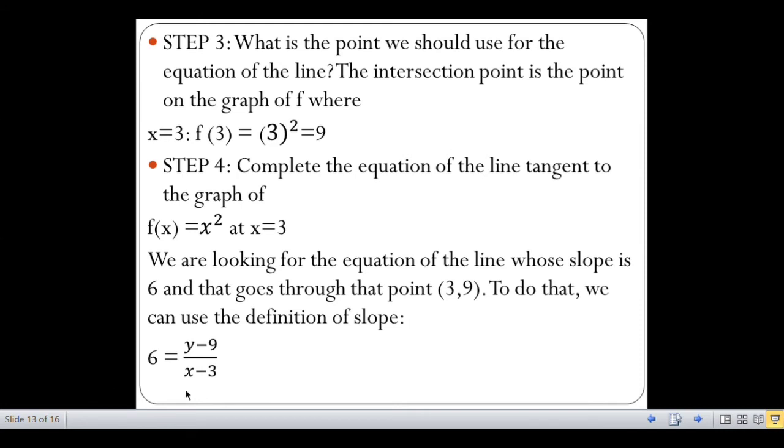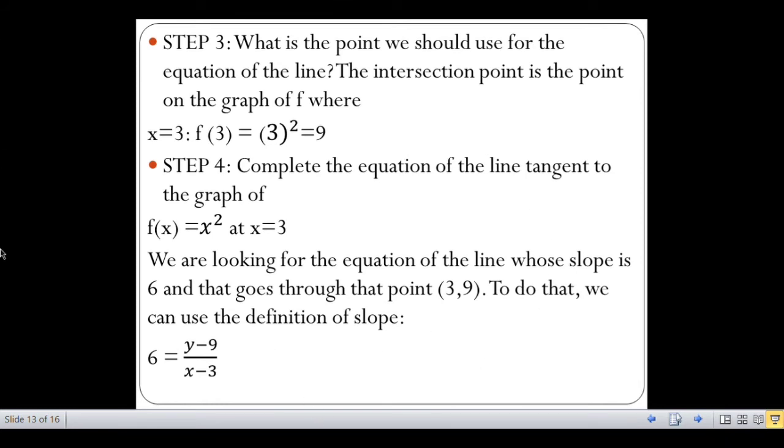Yung point natin class is, diba dito x equals 3. So, yan po yung x natin. And then, saan galing yung 9? Dito na po. Yung point on the line natin is 3, saan galing yung 3? Dito, at x equals 3. And then, yung 9 dito. To do that, we can use the definition of slope.